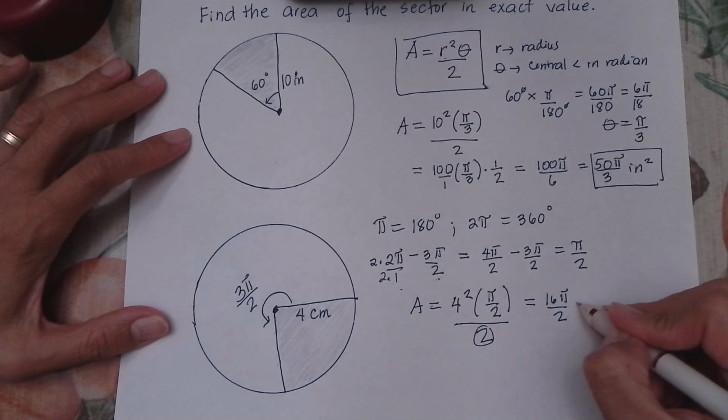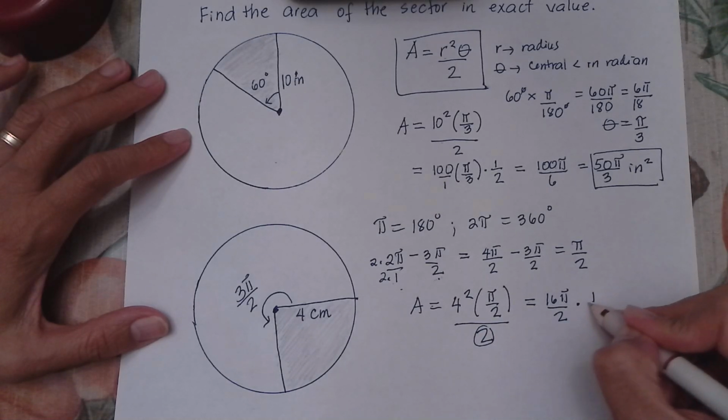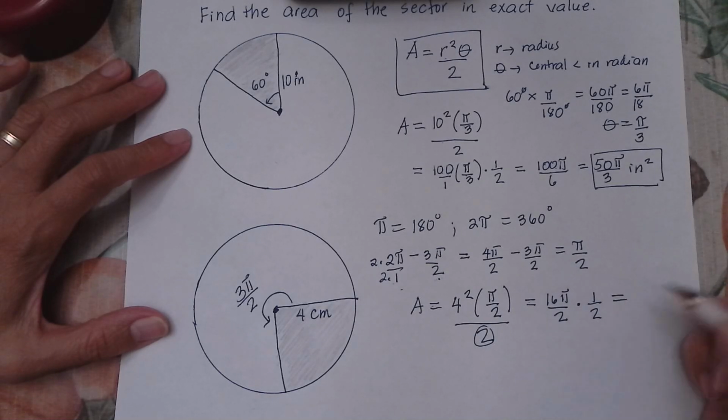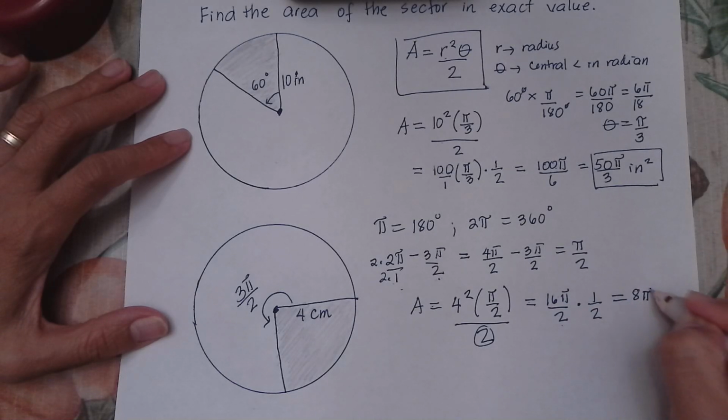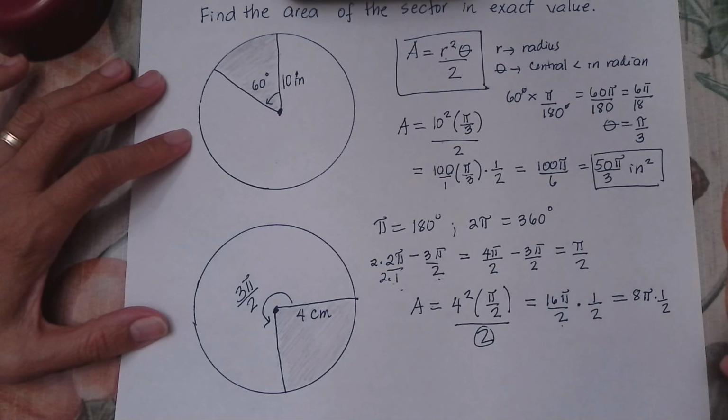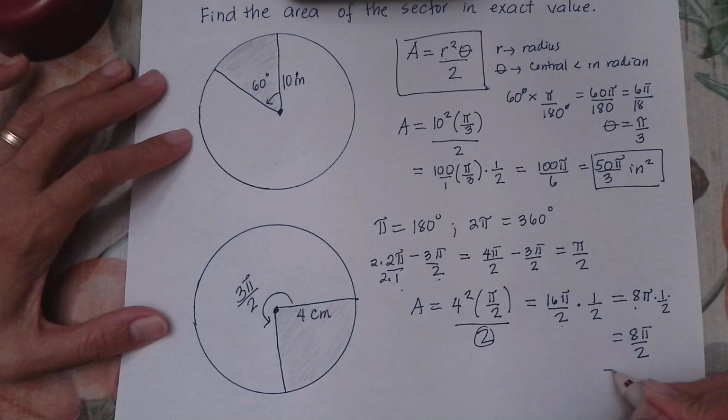So to divide by 2 means to multiply by 1/2. So over here we can simplify this as 8 pi times 1/2. 8 multiplied by pi over 2. So 8 divided by 2 is equals to 4 pi, and our unit is centimeter squared.